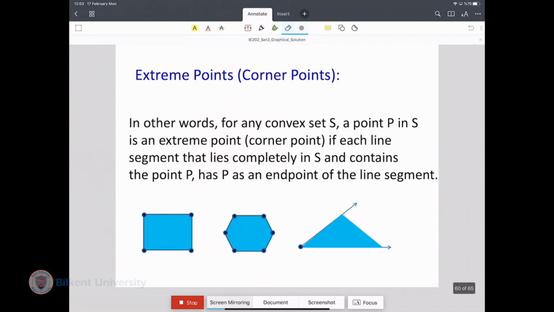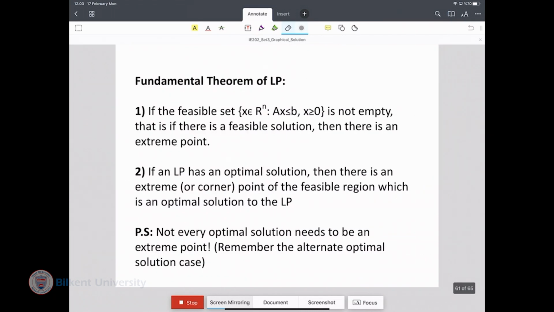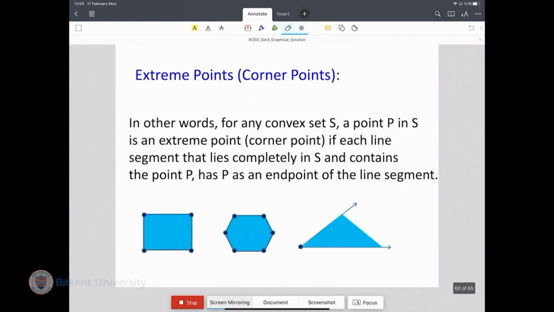Then my extreme points. Well, a point in a convex set is an extreme point if it cannot be written as a strict convex combination of 2 other points.